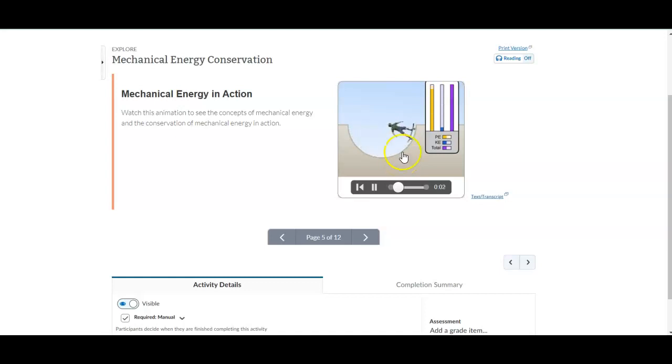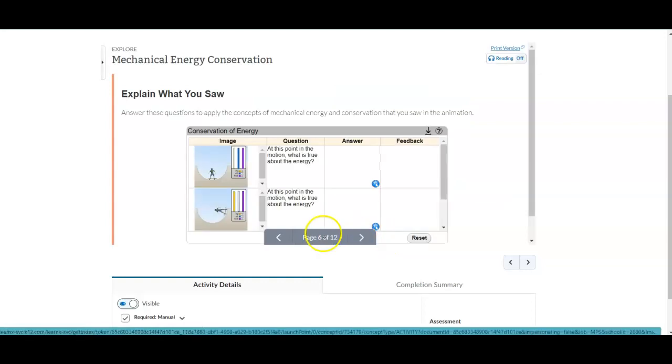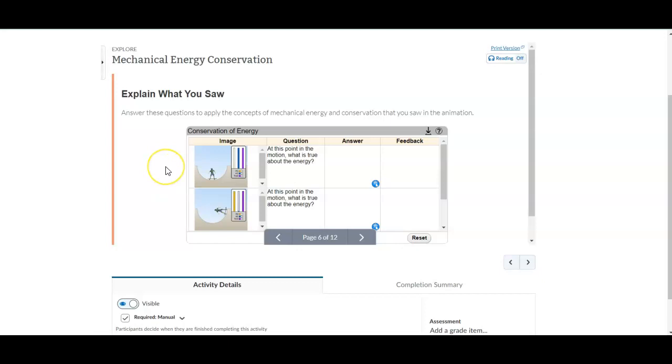All right, so we're seeing something very similar. It's doing the same thing we saw on the last screen. So if we're being asked to explain what we see, you can answer these questions to apply the concepts of mechanical energy and conservation. So at this point, he's in the very middle, right?